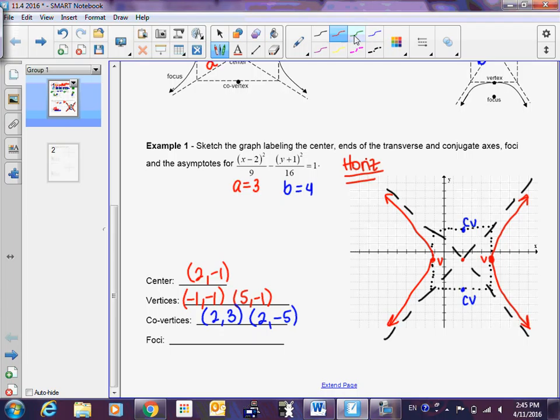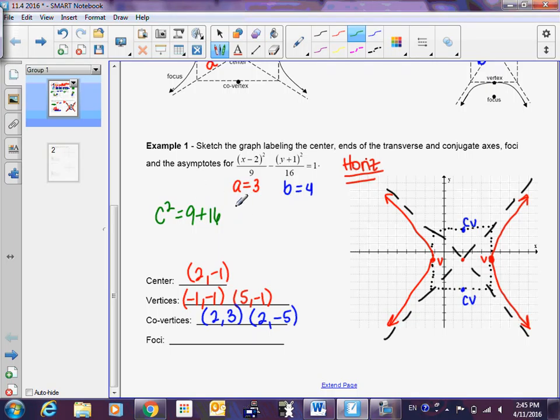All right, so the focus points are going to be on the inside of these two curves. So whatever C is, it should be more than 3. Okay, and so we use the formula. C squared equals A squared, which is 9, plus B squared. So with ellipses, we subtracted those two numbers.